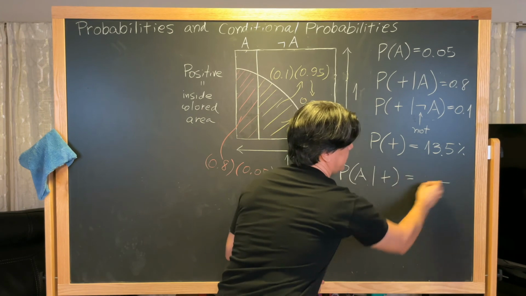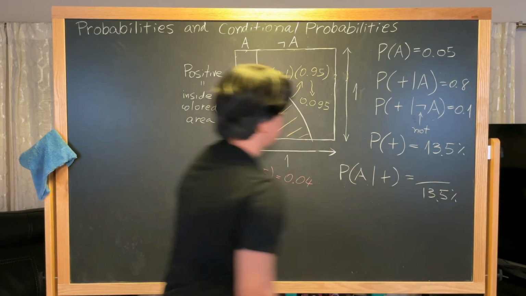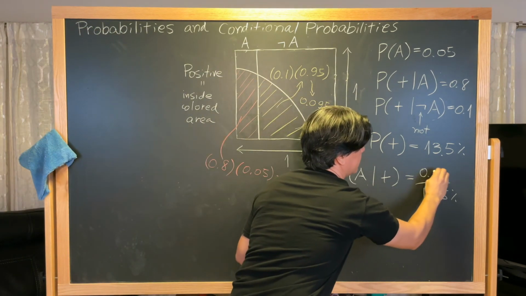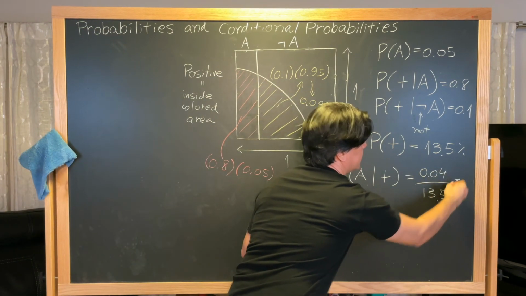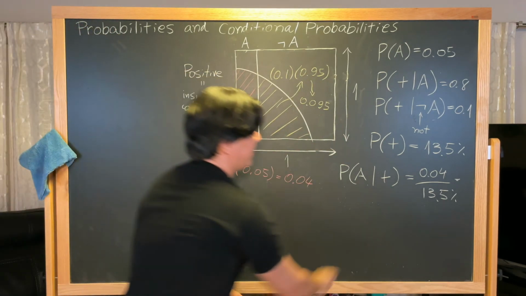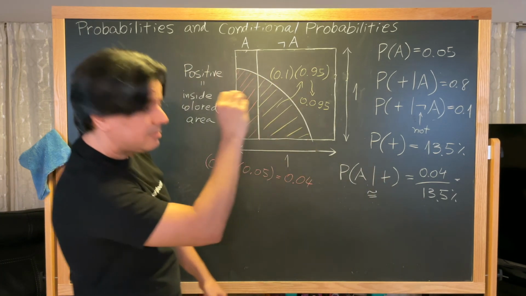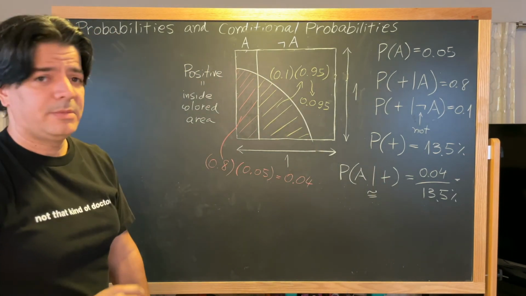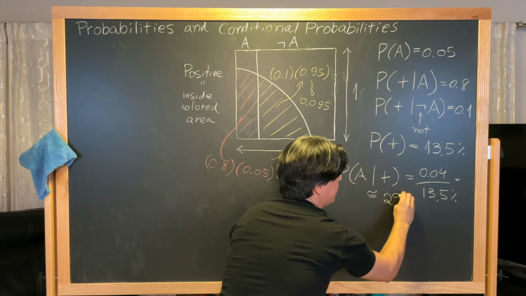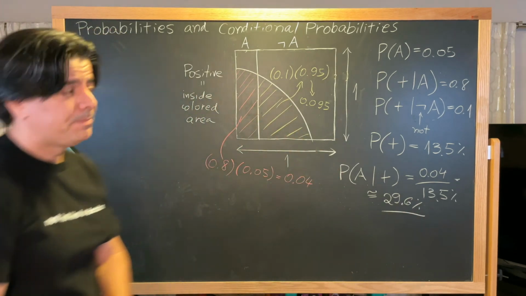So this is my 13.5%. And the size of the red, we know it's 4. I can't do that calculation in my head right now, but I pre-calculated. This is roughly, and that little tilde symbol above an equal sign means approximately equal to, 29.6%, if I recall correctly.